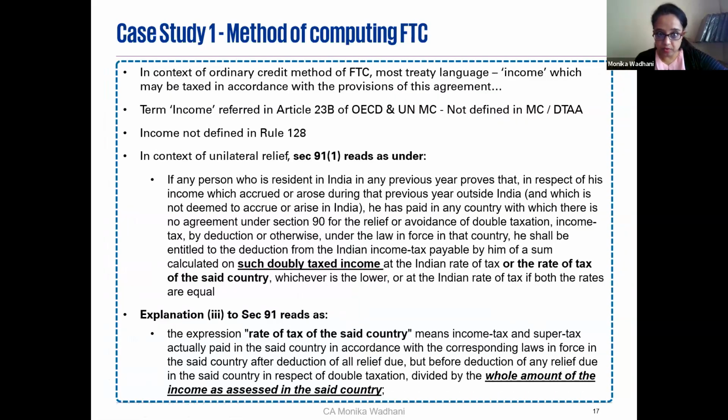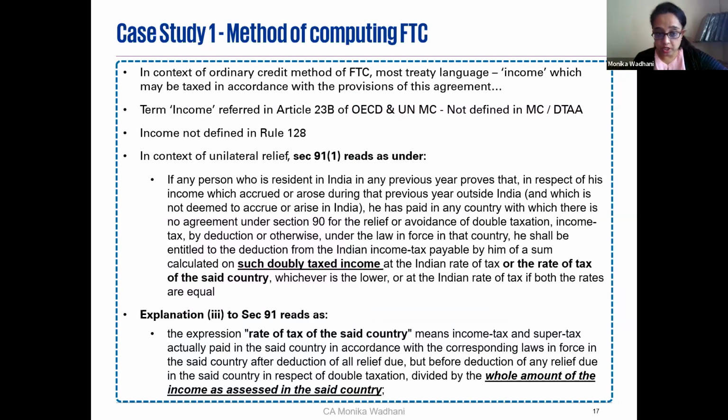Now, with this background, let us understand first of all whether word income is defined anywhere in the treaty. So income is not defined in Article 23B of OECD Model Convention or UN Model Convention or the respective treaty where we are concerned right now, which is Singapore and Indonesia.